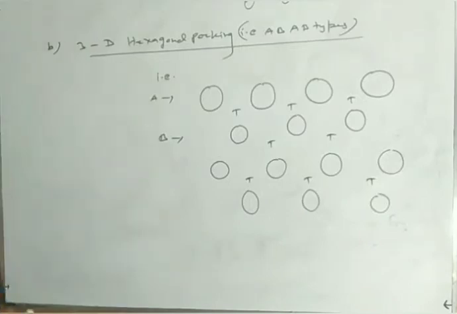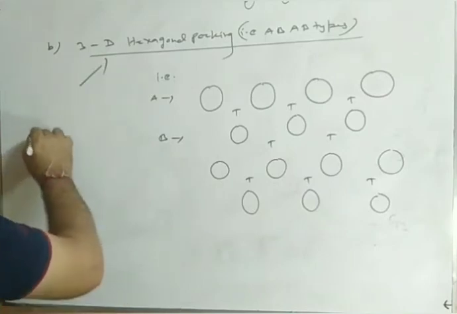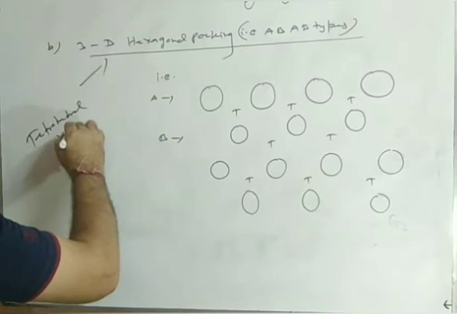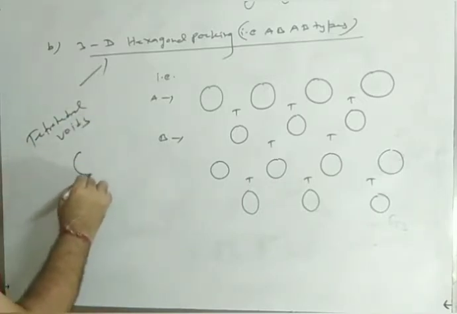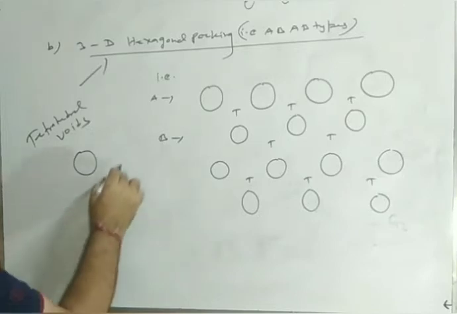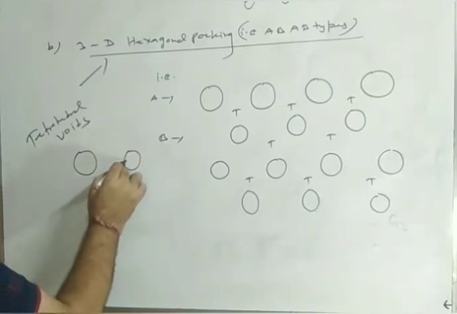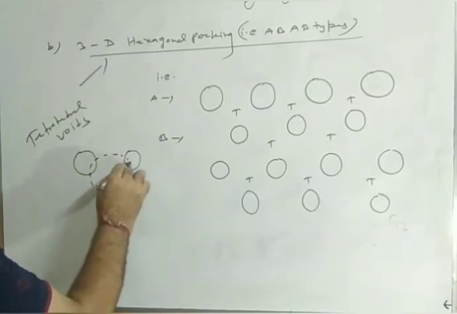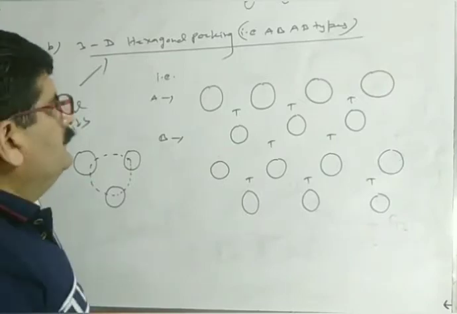Hexagonal packing always forms tetrahedral voids. Tetrahedral void means the combination of 3 circles and 4th circle put above the lower circles.